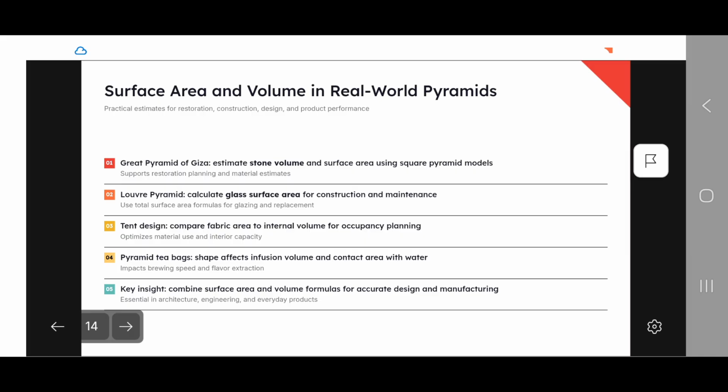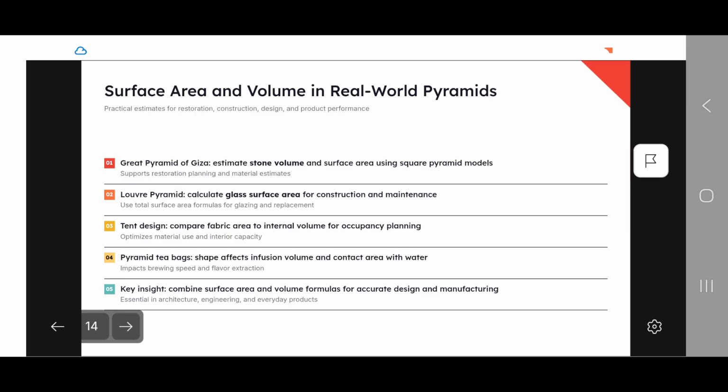So optimize material use and interior capacity. So, pyramid tea bag. Shape affects infusion volume and contact area with water. So it impacts brewing speed and flavor extraction. Basically coffee, you could brew coffee. You could add flavor to coffee, maybe.